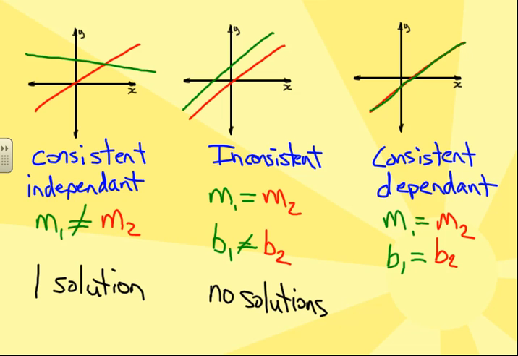And on my consistent dependent system, remember, they're essentially the same line, so the lines are touching right there and right there and right there and so on and so on. They touch everywhere along the line, so you have infinite solutions. That's the difference between the three different systems.